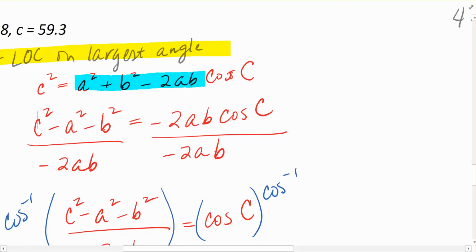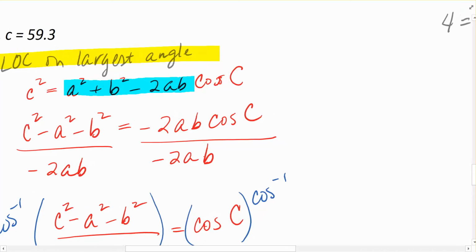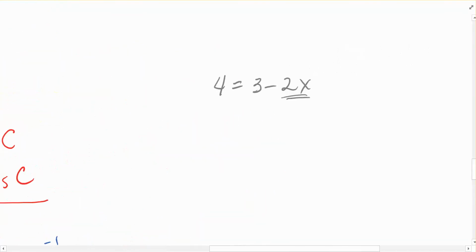And I would encourage you, if you get confused or you're not sure whether a process is legal algebraically, to break it down into something that might be easier to recognize. Here I just have a simple linear equation, 4 equals 3 minus 2x.